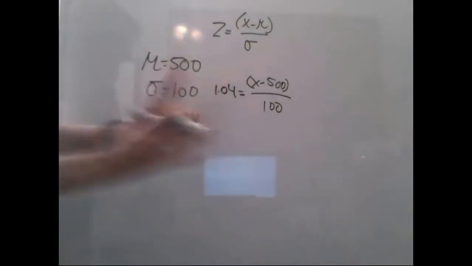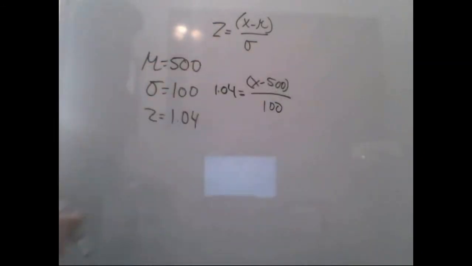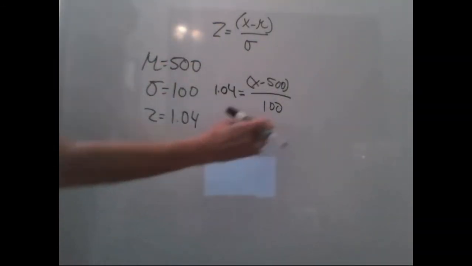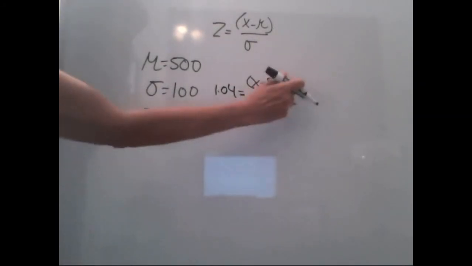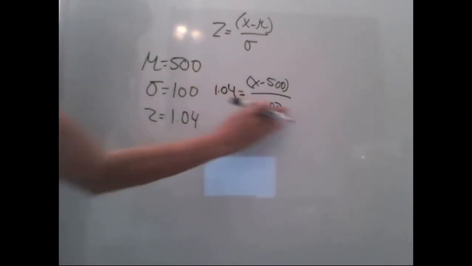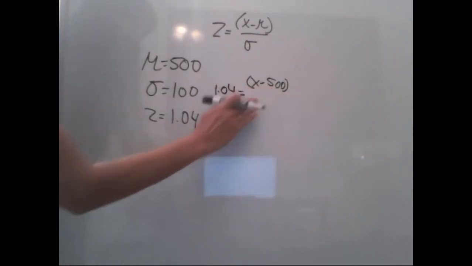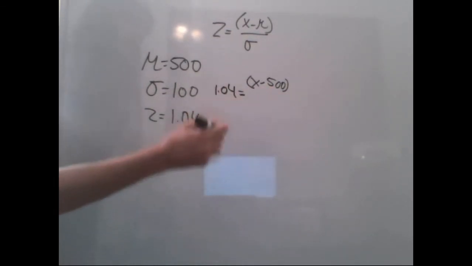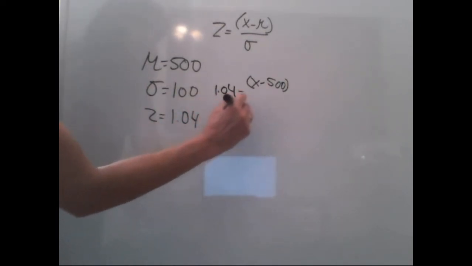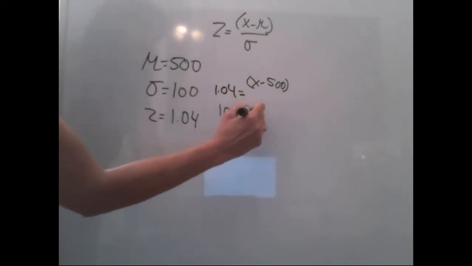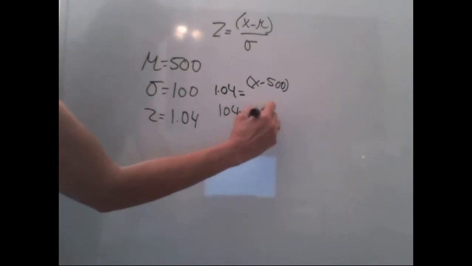Now I'm going to show you with a little algebra how to get x all by itself. The first thing I'm going to do is get rid of this 100 in the denominator. To do that, I'm going to multiply each side by 100. So that gets rid of that, and 1.04 times 100 is 104. So now we have 104 equals x minus 500.